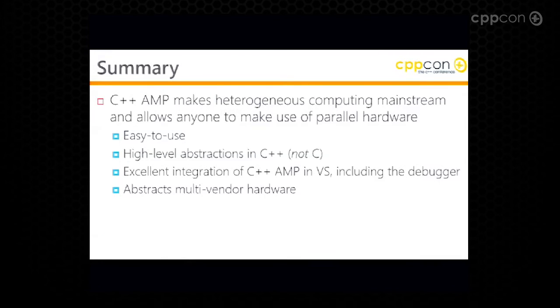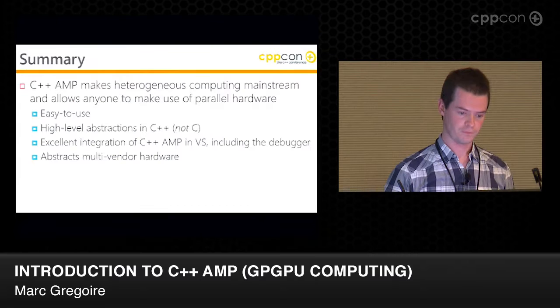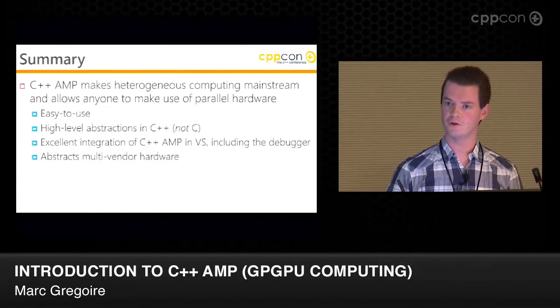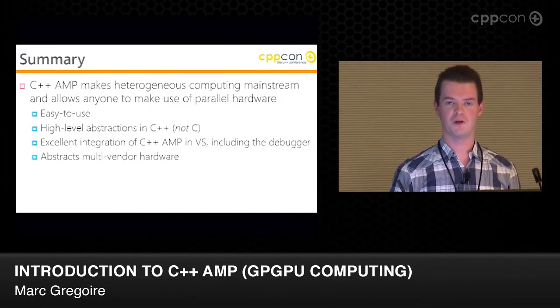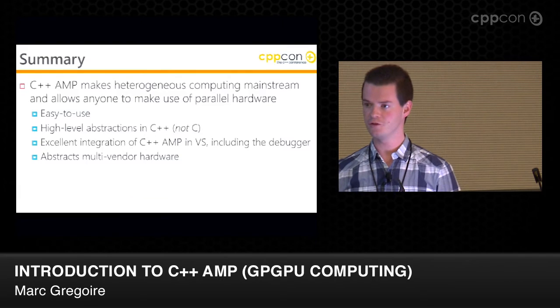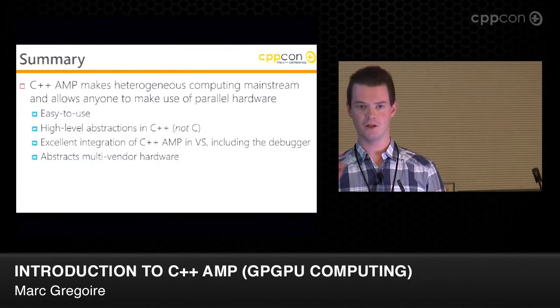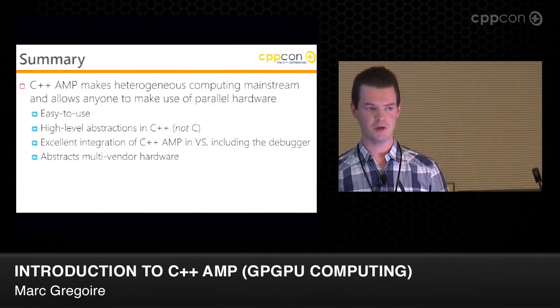So C++ AMP allows you to make use of heterogeneous accelerators like NVIDIA, AMD, Intel, and so on. And well, you saw the examples there. It's not that hard. Of course, it depends on your problem domain, like the Mandelbrot renderer, which is just calculating independently for each pixel a value.